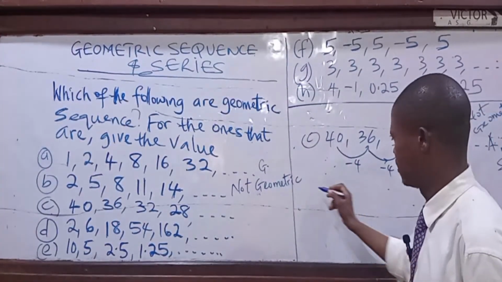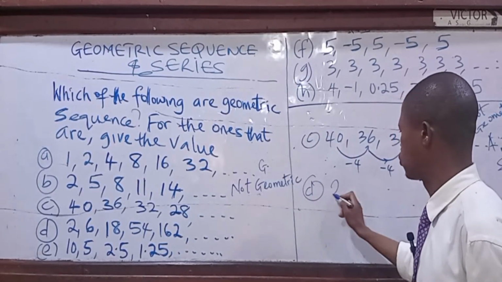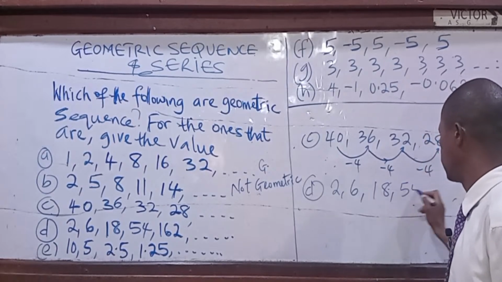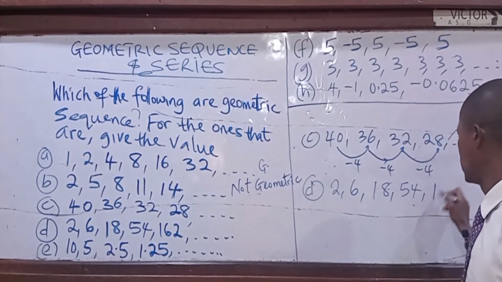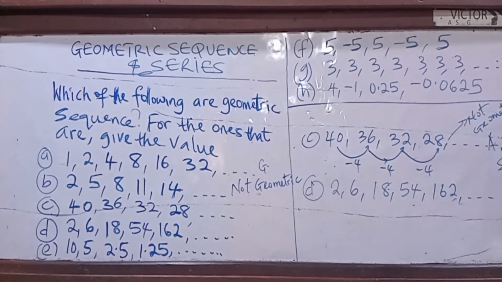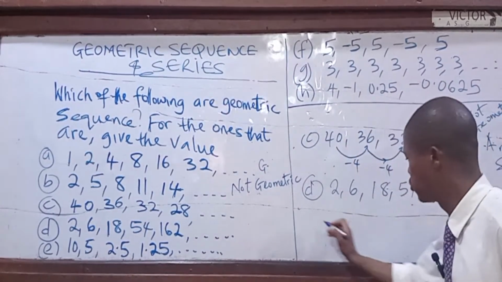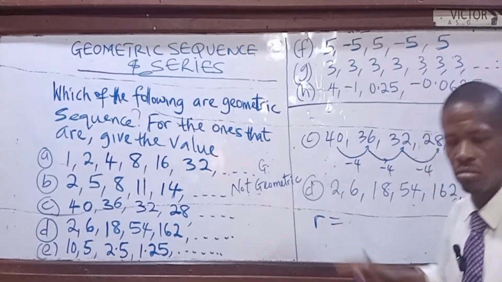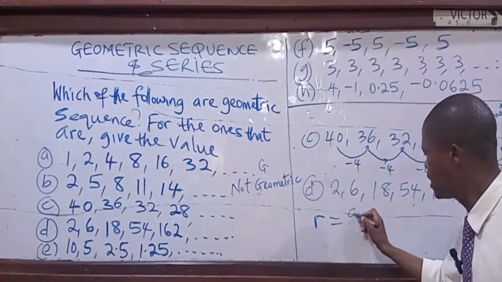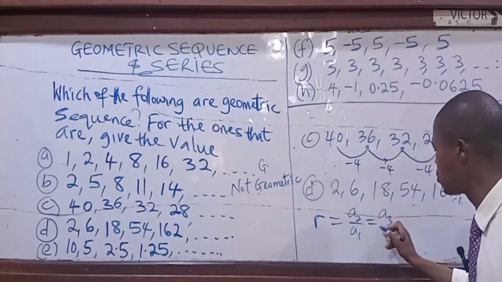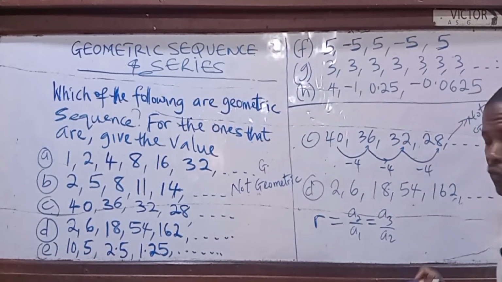The D part, we have 2, 6, 18, 54, 162. If you want to know whether a sequence is geometric, you need to get the common ratio, which has the symbol R. That will be A2 over A1, which must equal A3 over A2, and so on and so forth.